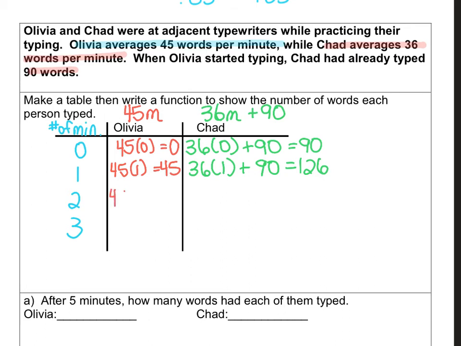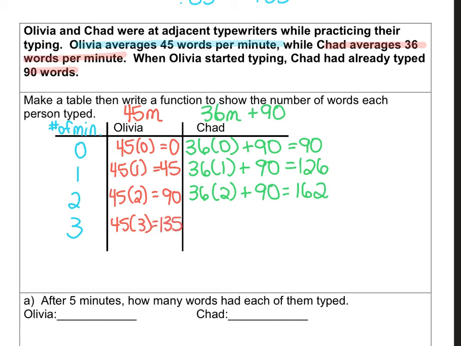So at 2 minutes, Olivia now has 90 words. And Chad has 36 times 2 plus his head start of 90 words. He has 162 words typed. And then at 3 minutes, Olivia has 135 words typed.